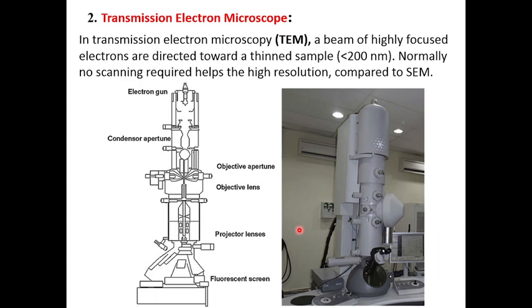Destructive technique means the sample cannot be regenerated. Once the sample is used, it cannot be used in other techniques, so the sample is destroyed in this technique. Some materials are sensitive to electron radiation and lose crystallinity.